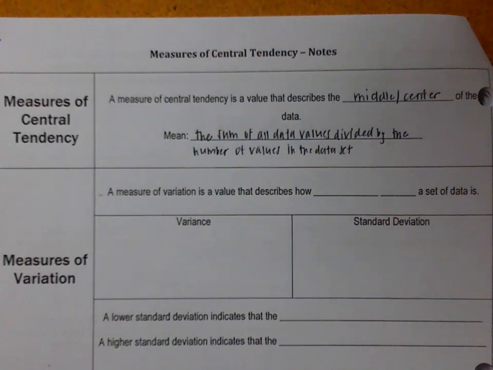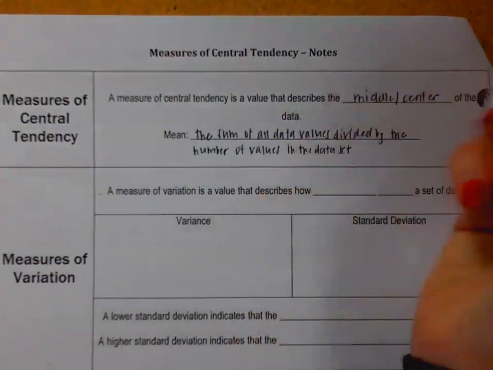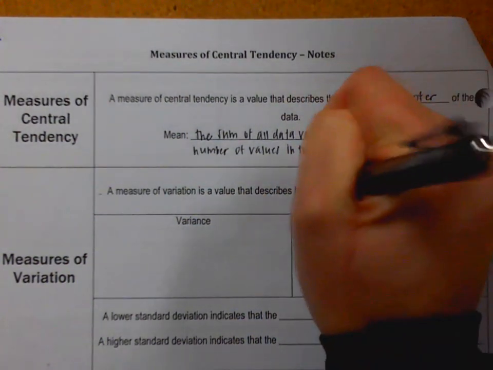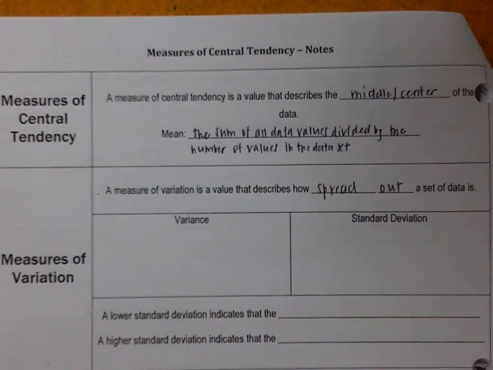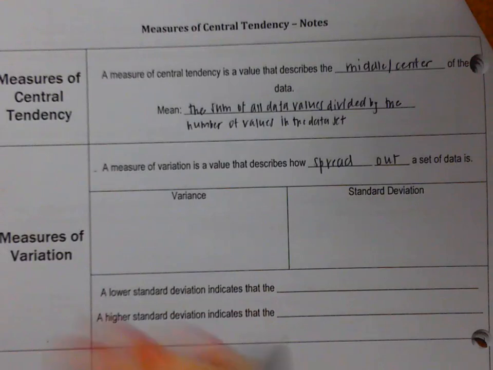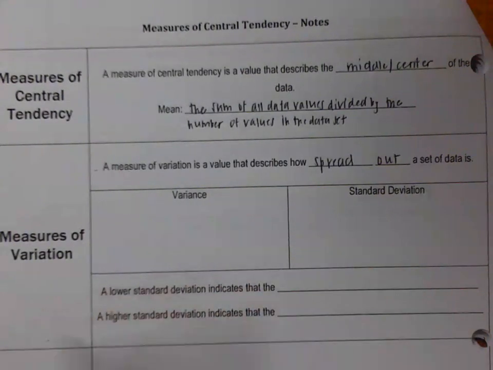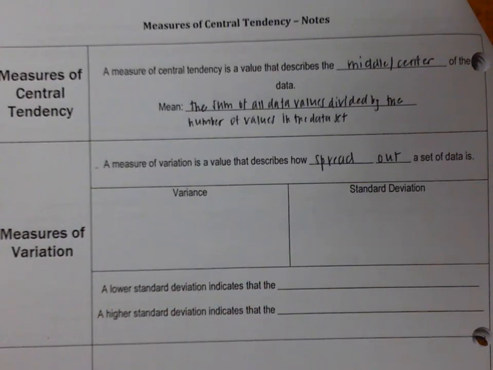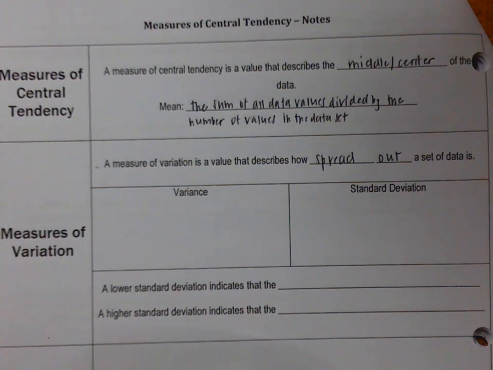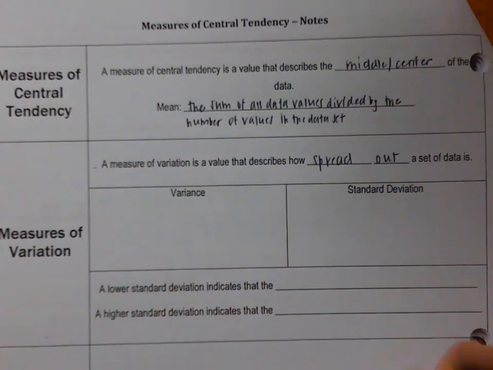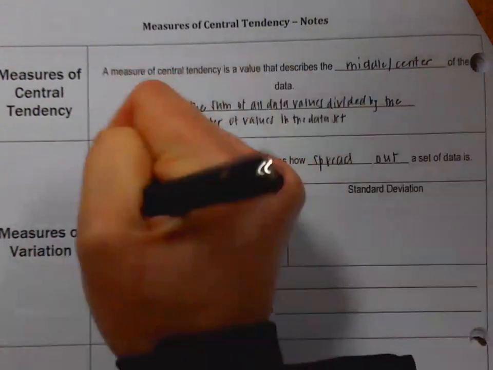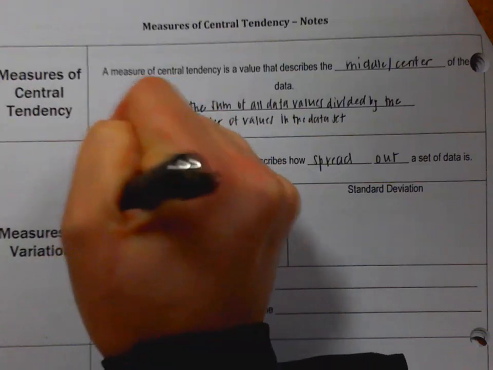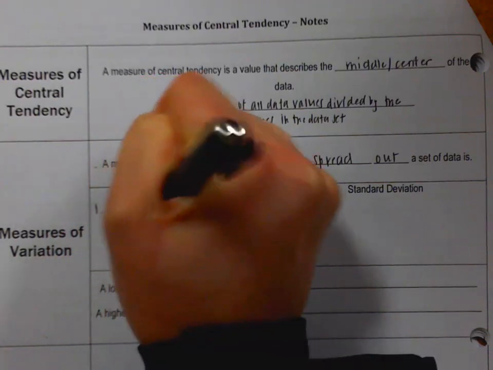Another thing that we look at are different measures of variation. A measure of variation is a value that describes how spread out a set of data is. There are two things that we look at, and they're actually pretty related. In Algebra 1, you might have done this by hand, but we're going to be doing it using the calculator. But if you were to do this by hand, to find the variance of a data set, you would first find the mean of the data.